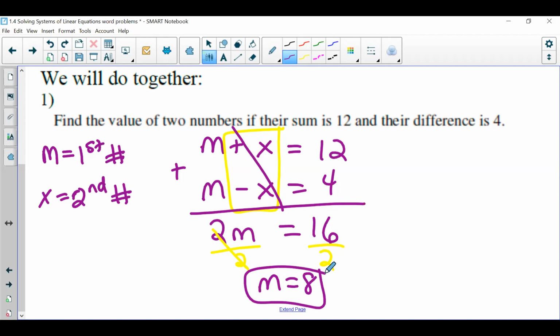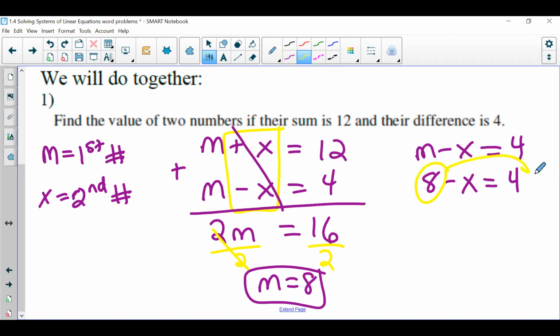So we could do M subtract X equals 4, and I'd plug in 8. Then you'd have to put 8 on the other side so that would become negative. So it'll be negative X equals 4 subtract 8.